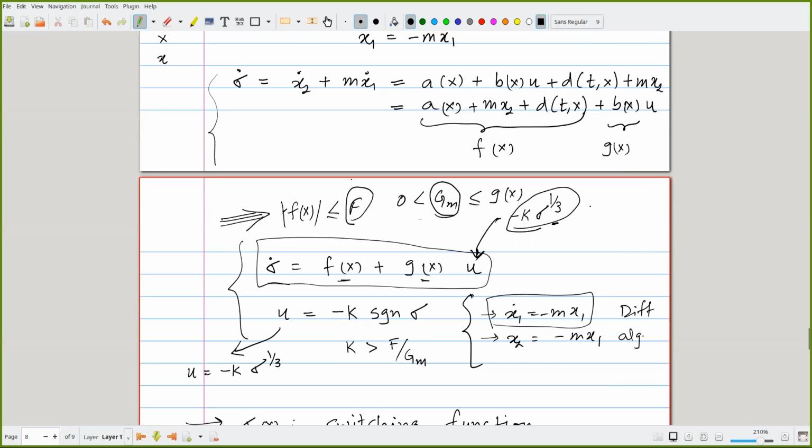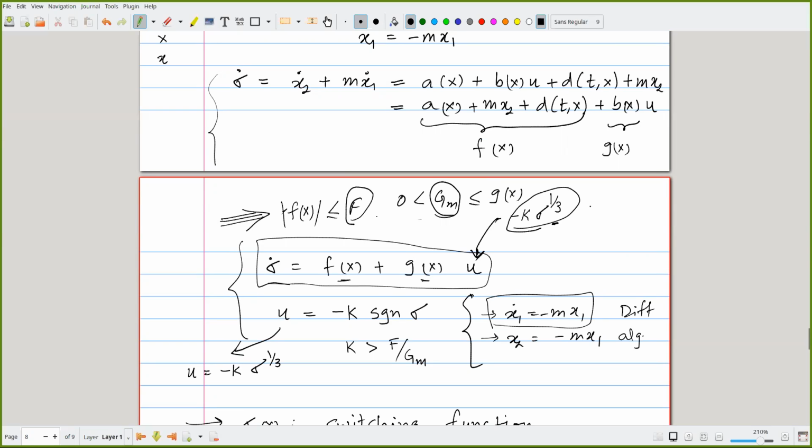That is a more restrictive assumption on disturbance, that you want the uncertainties to reduce when you go near origin. The earlier assumption allows the disturbance uncertainty to be as large as possible even near origin.